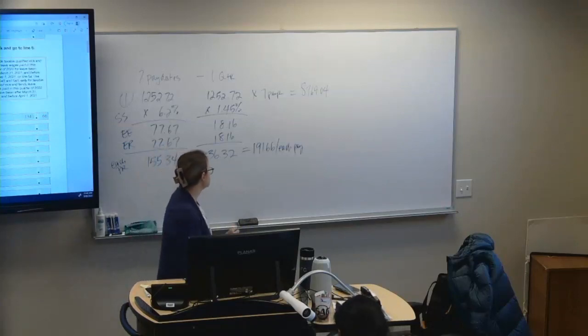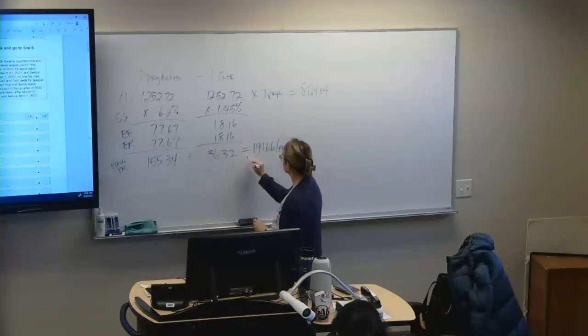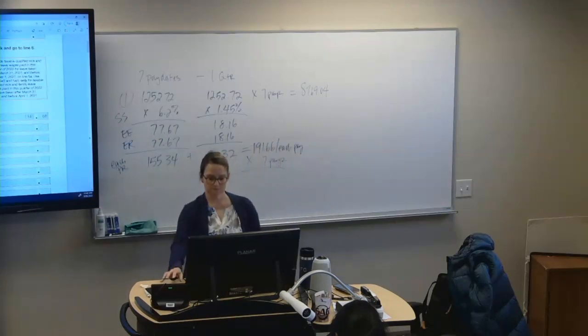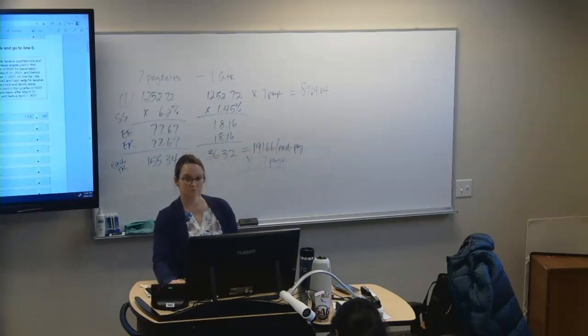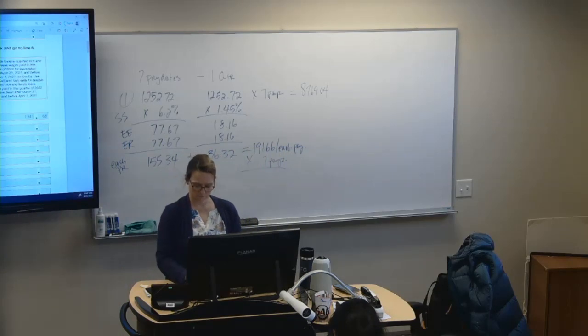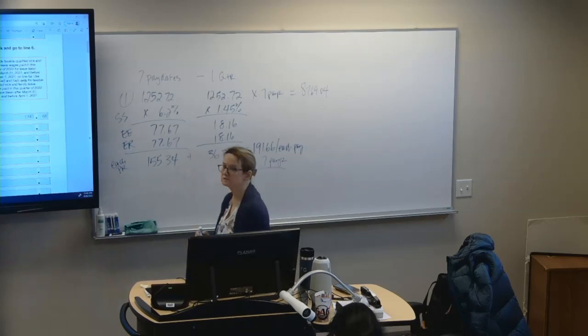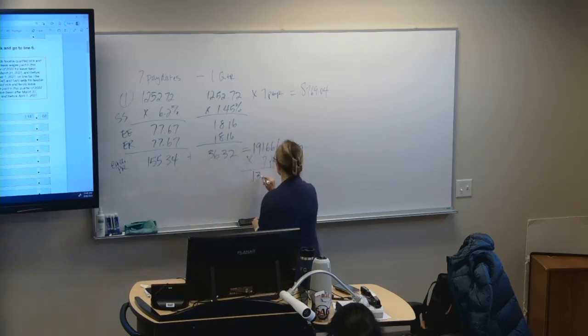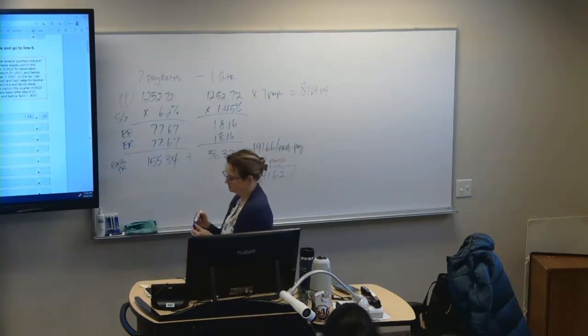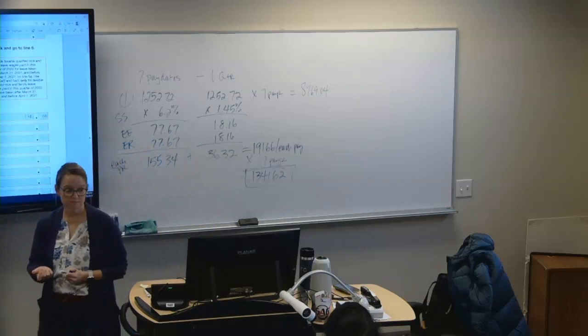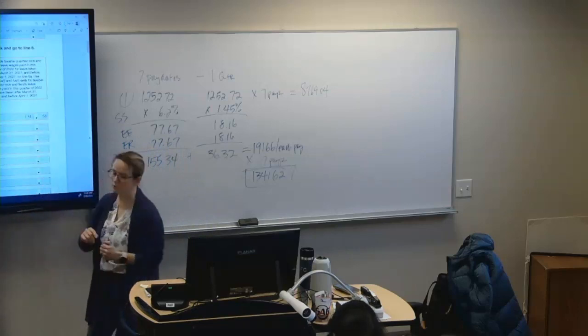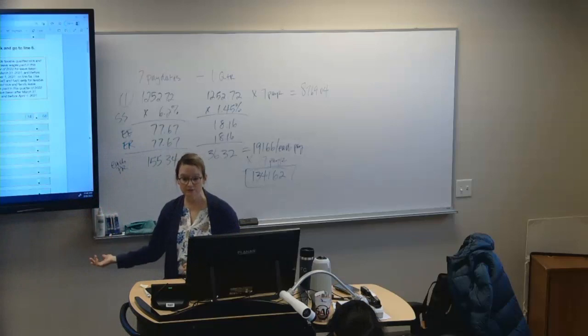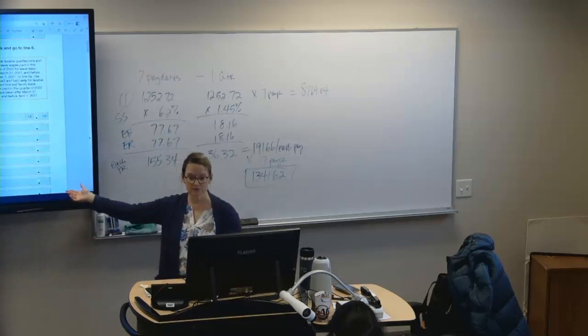It was 191.66 for each pay times 7 pays, $1341.62. $1341.62 was what was actually withheld. $1341.66 is what we calculated was due on the tax return.